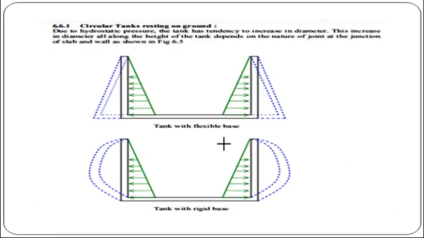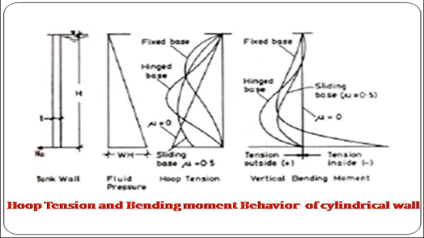Then the behavior of the flexible base and the rigid base tank when the hydrostatic force acts from the water, that we have also seen in this diagram. Then the hoop tension and the bending moment behavior of the cylindrical wall is shown in these figures.